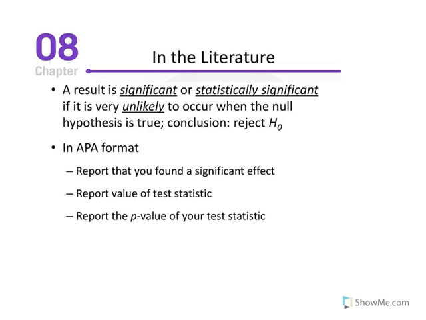In this case, the null was indicating that the electric brain stimulation would not have an effect on the math test scores. So our conclusion was to reject the null. When we cite this in a report, we need to follow these three bullet points, which are: we report what we found in terms of whether it was significant or not.